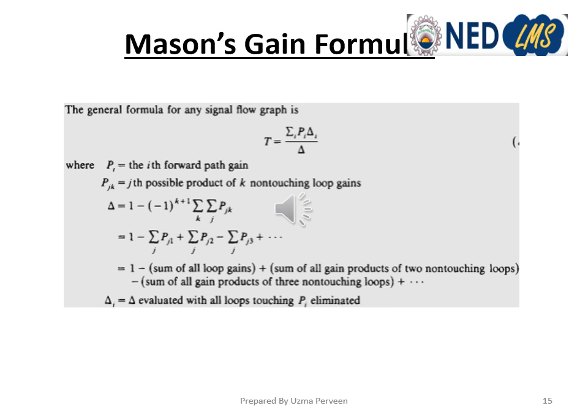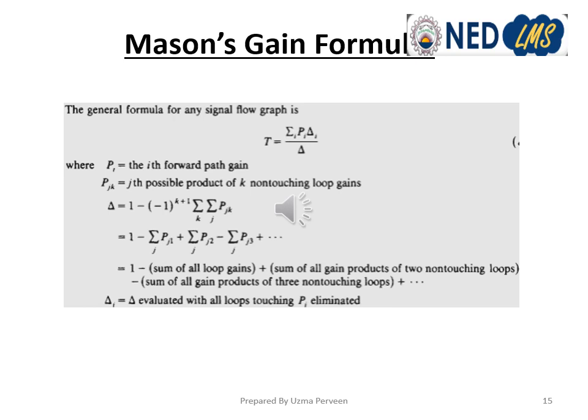If you have pairs of non-touching loops, Pj2 means the combination of two non-touching loops. So j here stands for the number of combinations of non-touching loops you have in your signal flow graph. You will count the number of two non-touching loops and write it in Pj2, and then you will count the combinations of three non-touching loops and write it here.